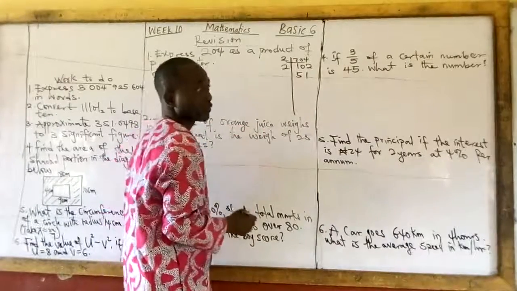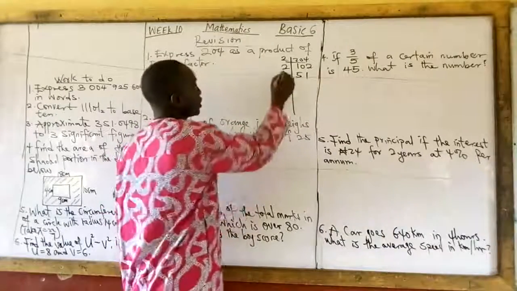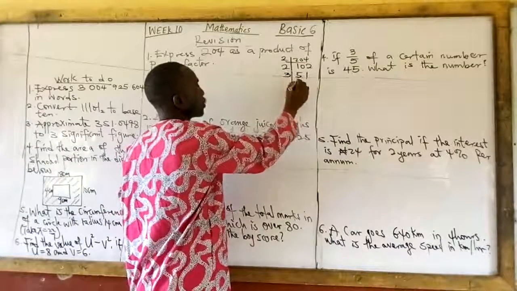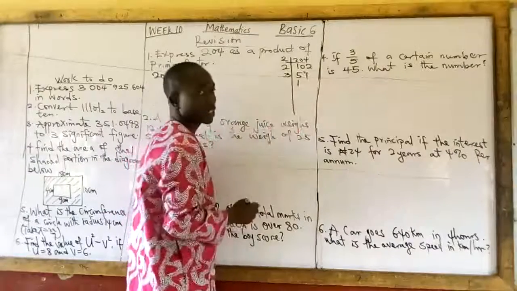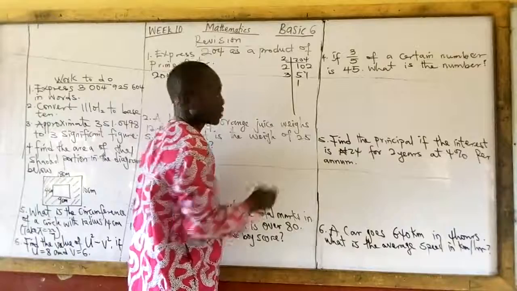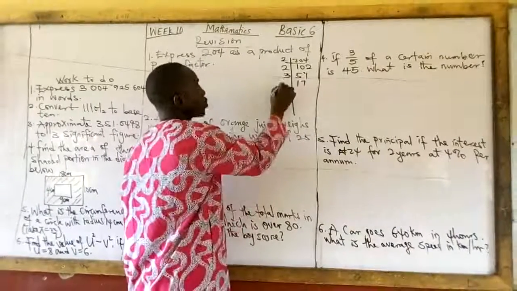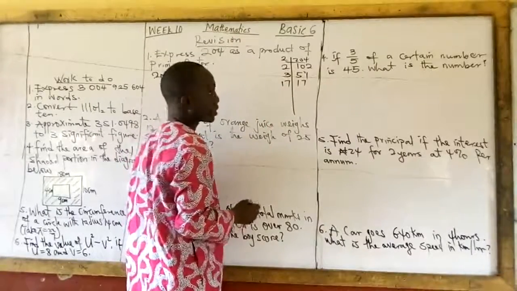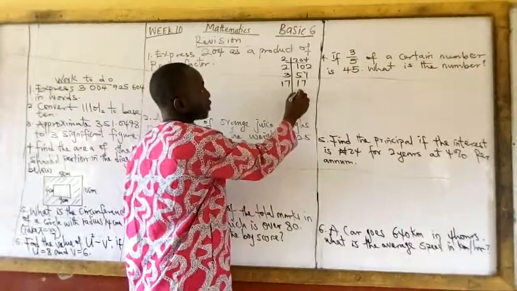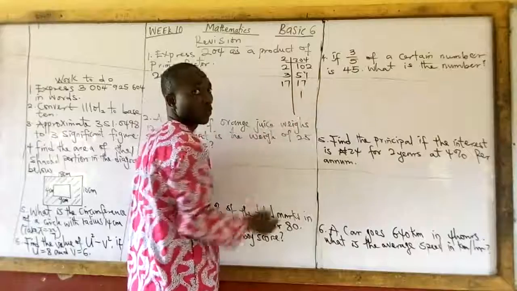What can go in 51? 3. Nice one. 3 here will give us 1, remainder 2. 3 in 21, class, 7. Alright, so what is the next? 7 can go in 7. 17 in 17 will give us 1.